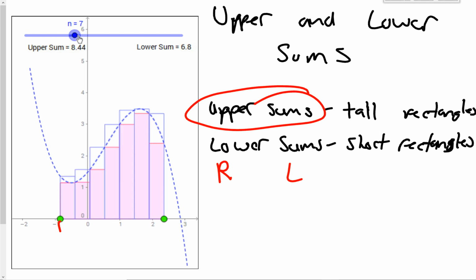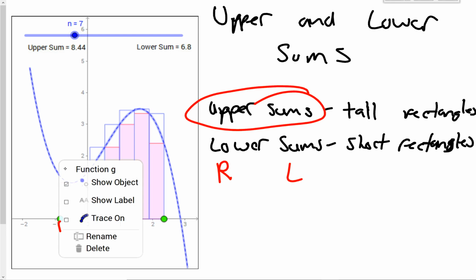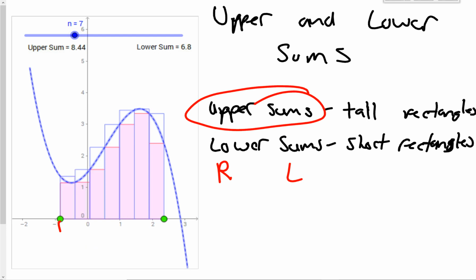Okay, so for instance, this one is a left, so I'm going to take a left here for an upper sum, but I'm going to take the right on this rectangle to continue with the upper sum, and this one, another right, another right, and this one I want to take a left for the upper sum, and a left. So the upper sum would contain a left, a right rectangle.